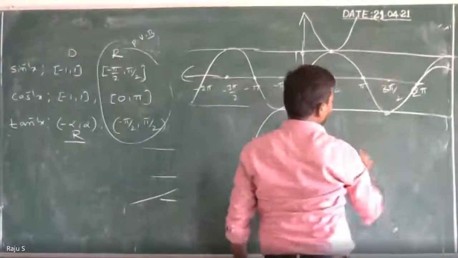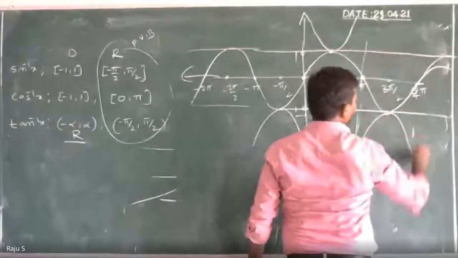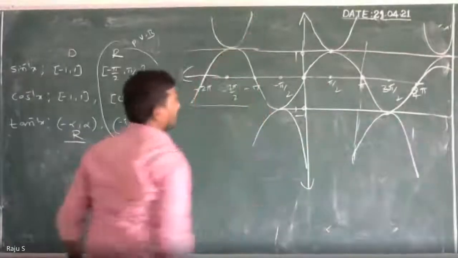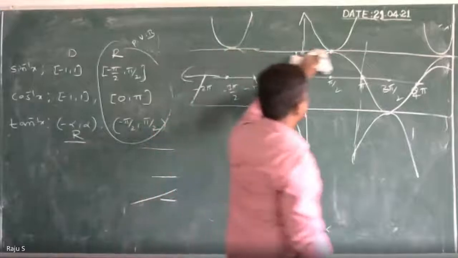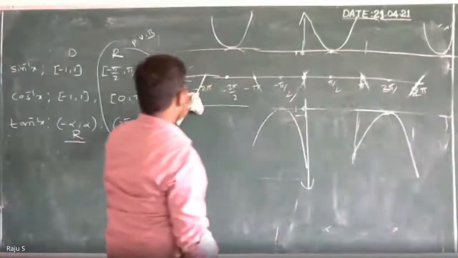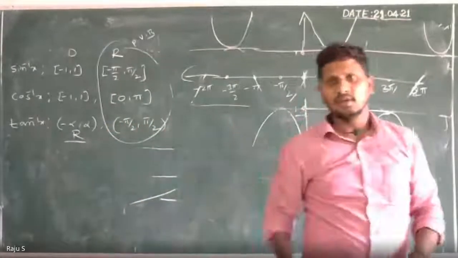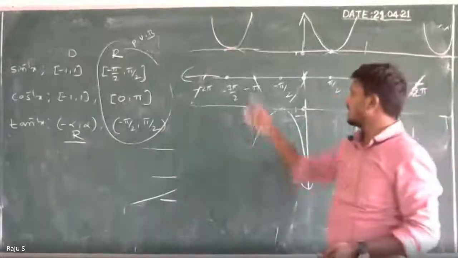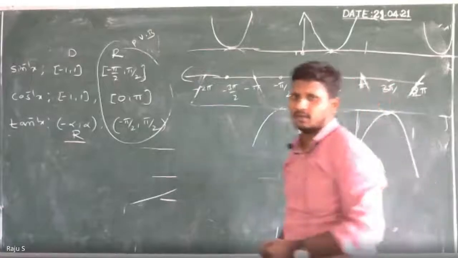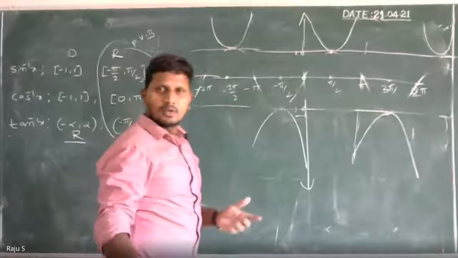The endpoint should be the same. So this corner goes up, and this one goes up. Now you can remove the graph of sine. This is the graph of cosecant x. Draw the sine, then at the corner points you can draw the loops of cosecant. Okay, like this. This is the cosecant x graph.